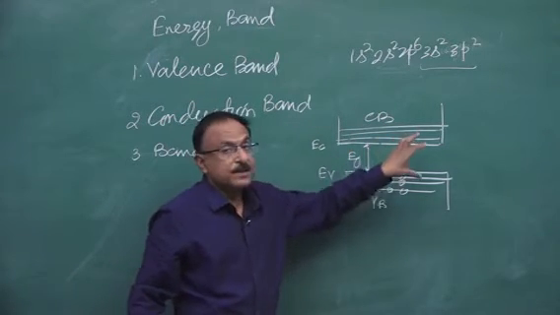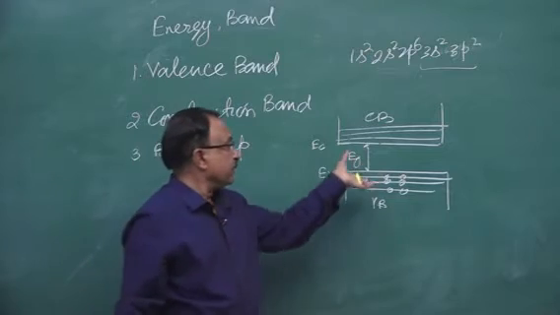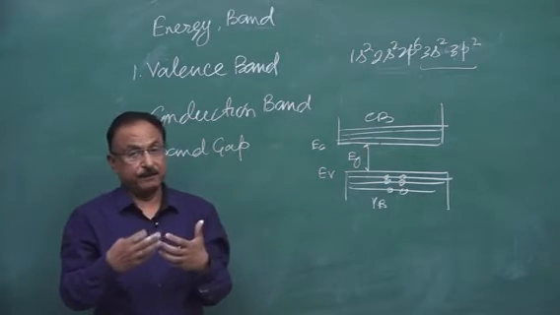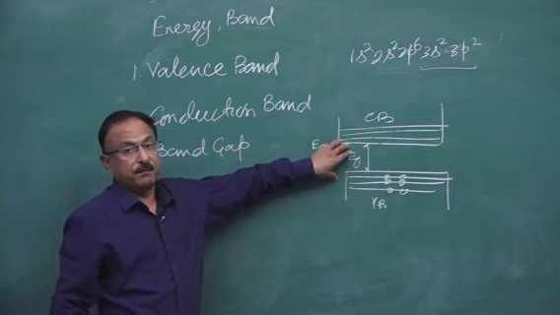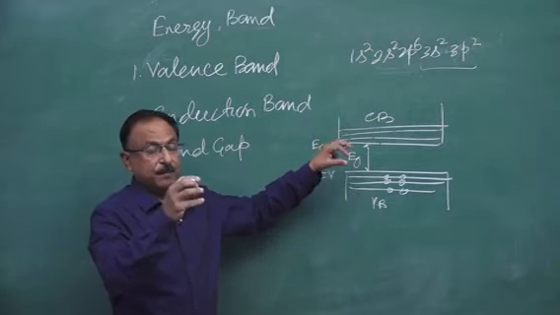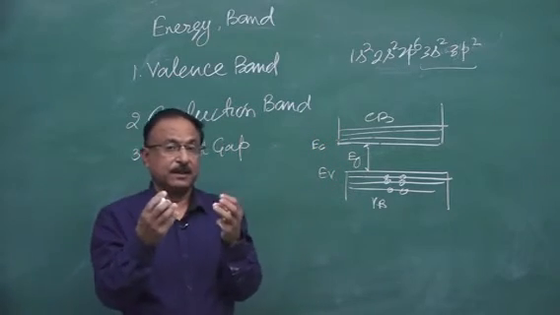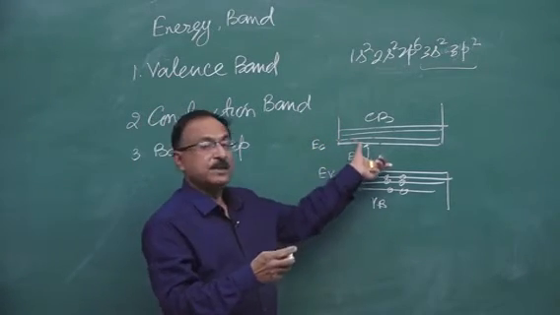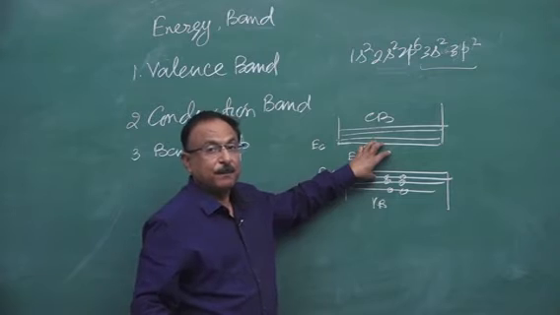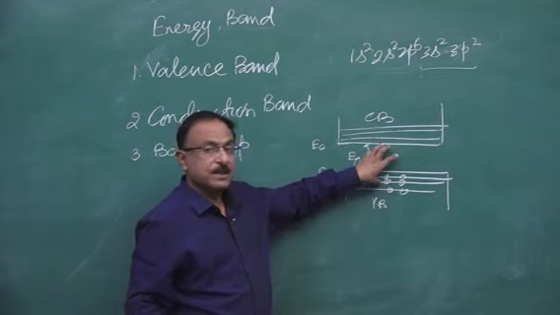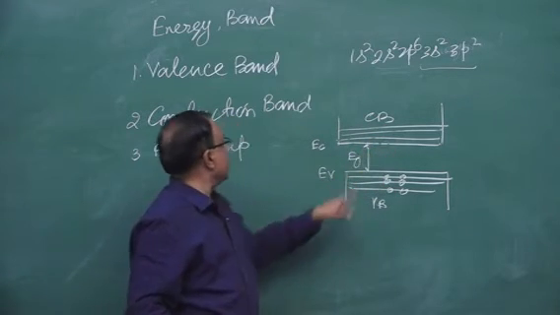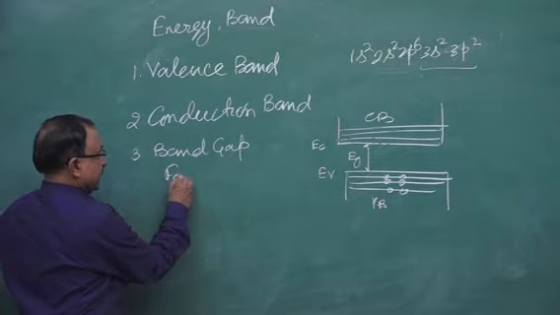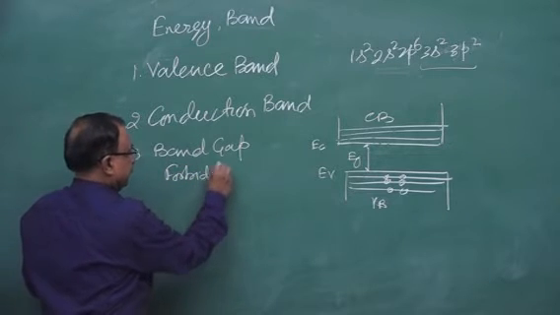In different metals, different substances, different elements, the value of the band gap keeps on varying. And this can also be modified by making an alloy or making a semiconductor. In the process of making a semiconductor, we can change the band gap, right? It can be changed. But this is the difference. This is also called the forbidden gap. Its other name is forbidden gap.